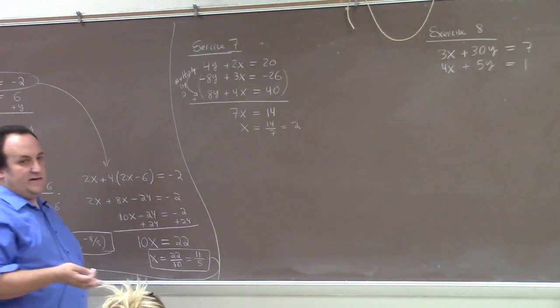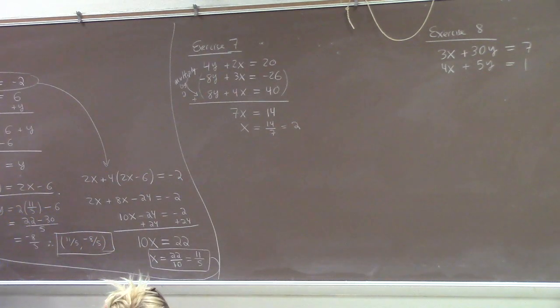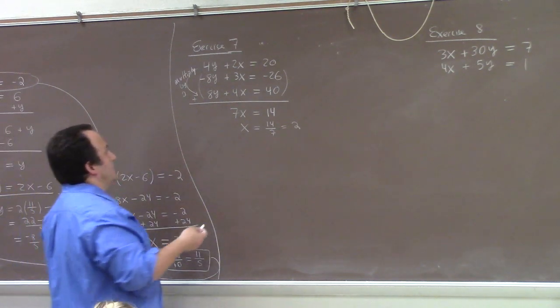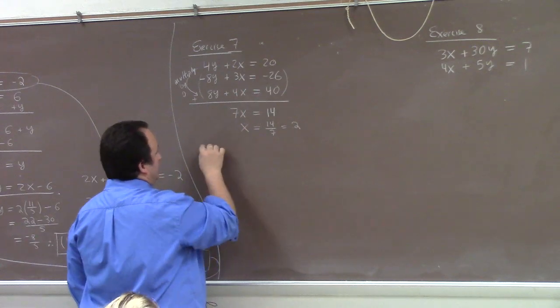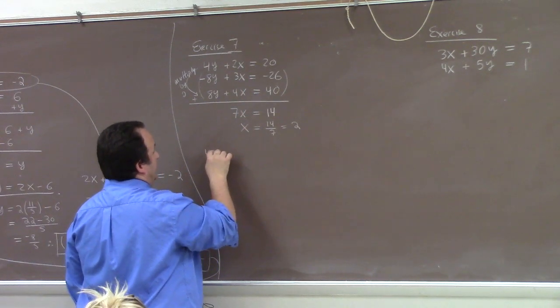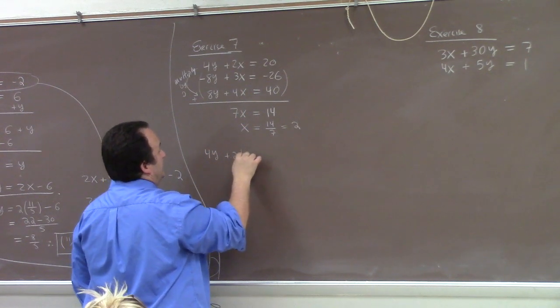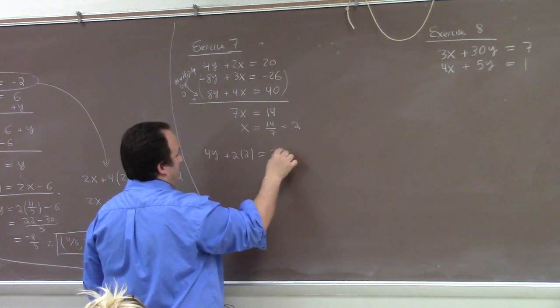Now we still need to find y. How should we find y? Plug the 2 back into the top. The x at the top. Okay, so you want to use the first equation, so we've got 4y plus 2 times 2 equals 20.